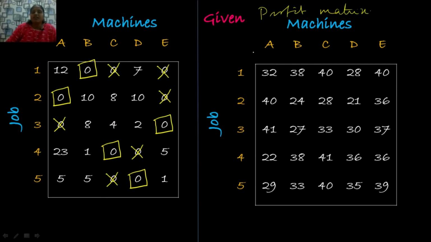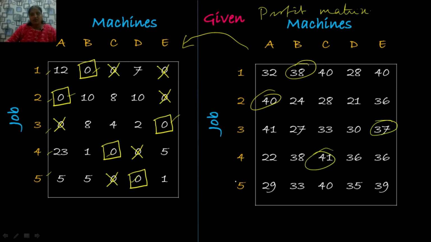We converted this profit matrix to a loss matrix, and using the Hungarian assignment algorithm we arrived at this matrix to find the optimum assignment schedule. Now we have to find the original cost associated with these positions. So 1 to B we have 38, 2 to A 40, 3 to E 37, 4 to C 41, 5 to D 35.